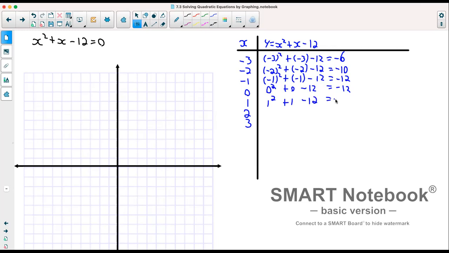So that gives us -10. Next, we have 2 squared plus 2 minus 12. 2 squared is 4 plus 2 is 6. Minus 12 gives us -6. Next, we have 3 squared plus 3 minus 12. 3 squared is 9 plus 3 is 12, minus 12 is 0.